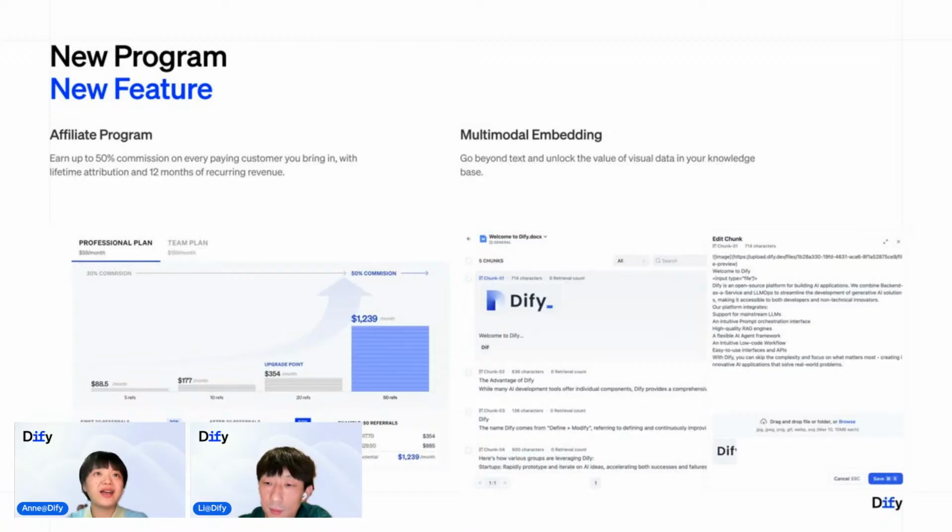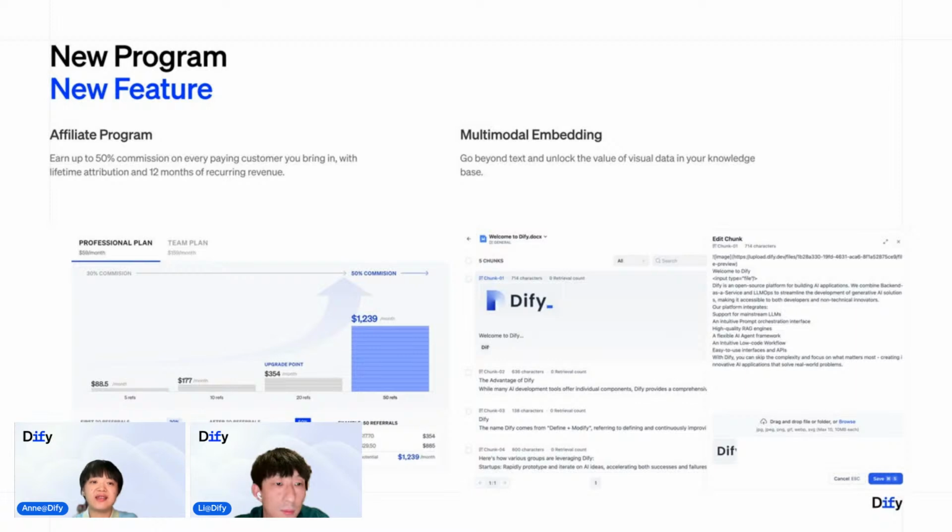Here comes a feature that we will be releasing next week, the multimodal embedding. As we know, text retrieval simply can't keep up with today's enterprise documents that blend text and images. So the upcoming feature, multimodal embedding, is here to break that limitation. By supporting image embedding, images now can participate directly in retrieval, embedding text to image, image to text, and image to image search.